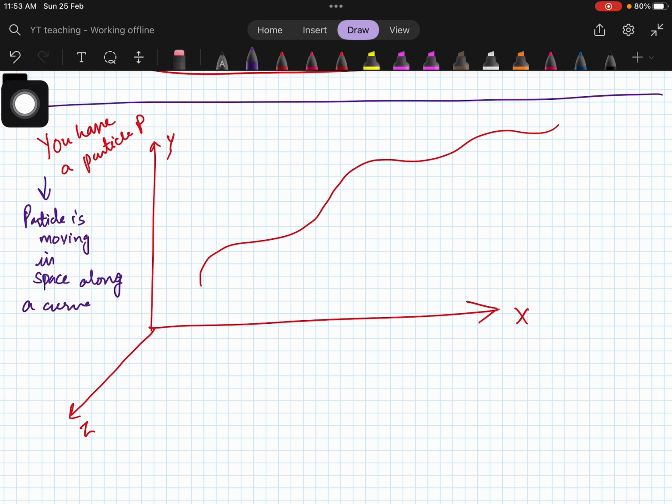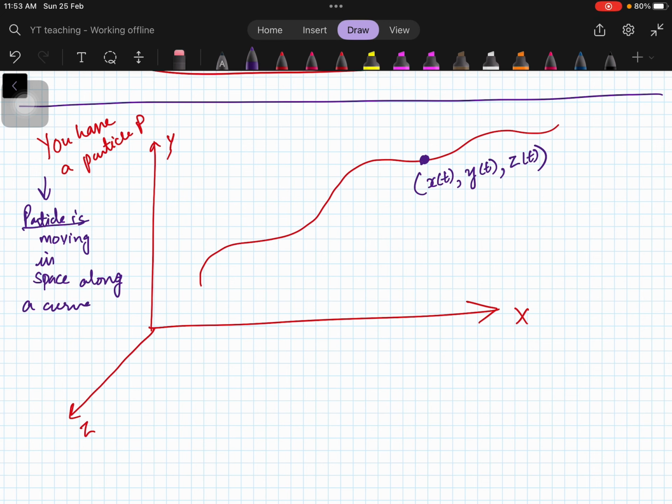Now, how do you define the curve? At any point of the curve, you have the parameterization of the curve. There is an x coordinate, which is a function of, say, time. Then there is a y coordinate, which is a function of time. And there is a z coordinate, which is again a function of time, right? Suppose time is the only variable we have here.